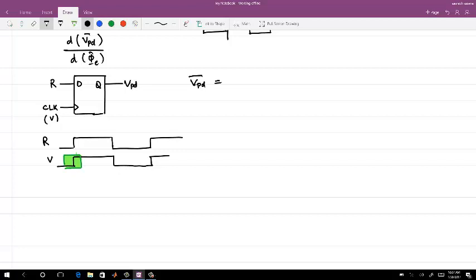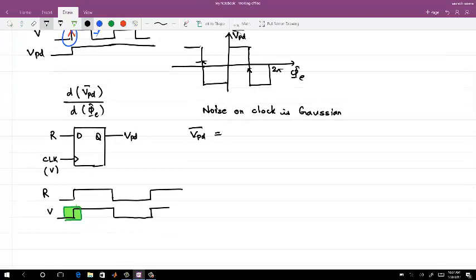Let's assume that the noise on the clock is Gaussian, N(0, sigma), with mean 0 and variance sigma.